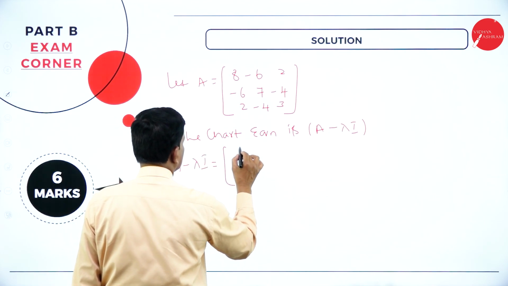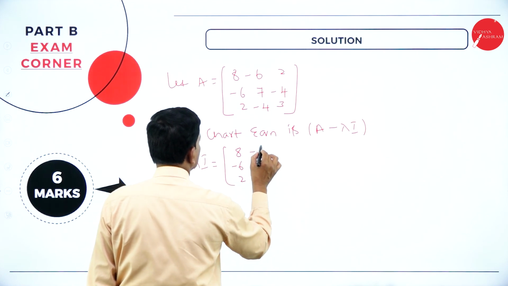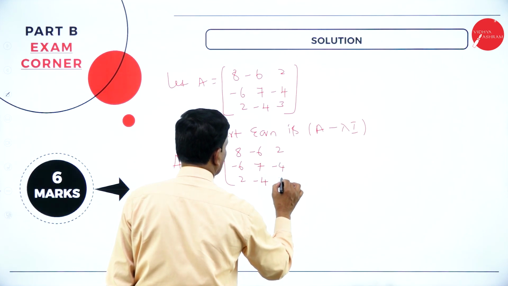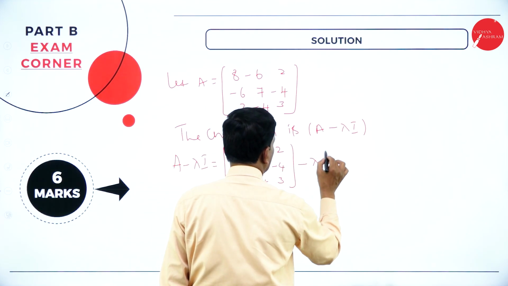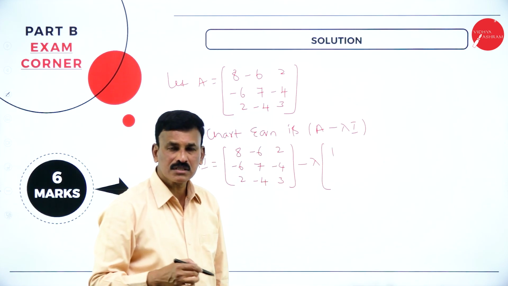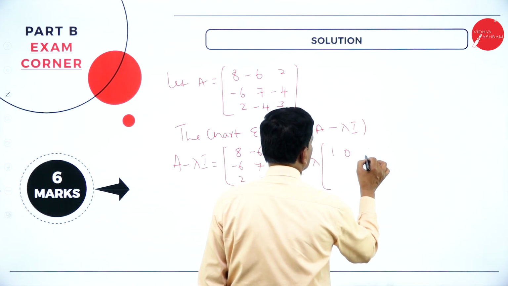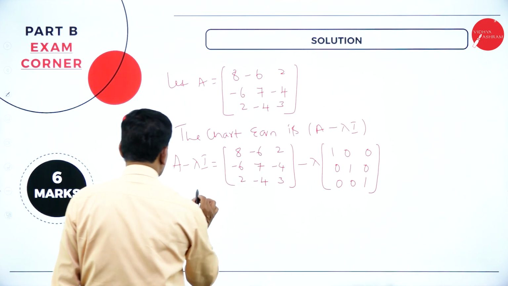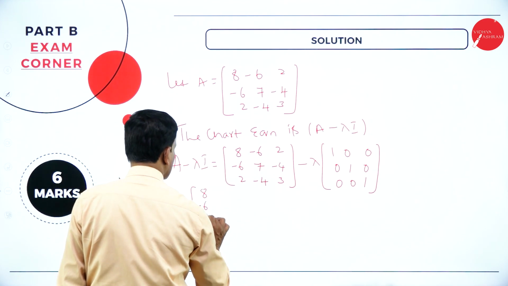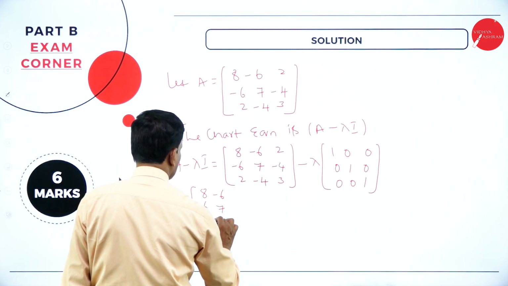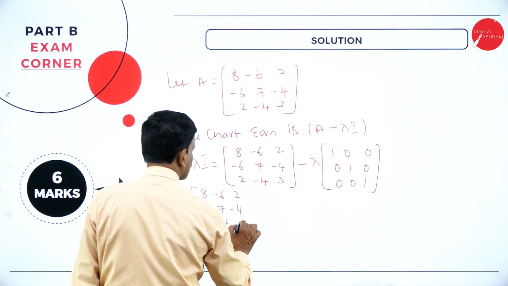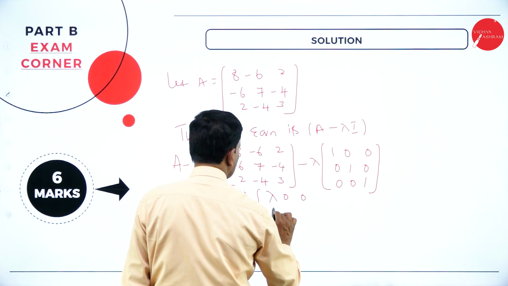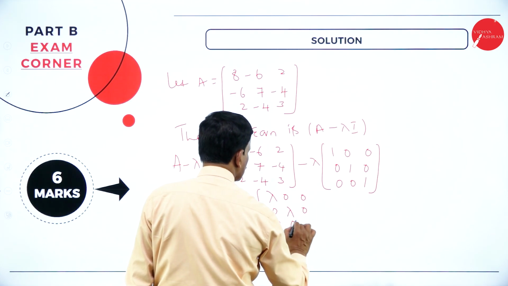A is the given matrix [8, -6, 2; -6, 7, -4; 2, -4, 3], minus lambda into I, where I means the identity matrix of order 3 by 3, [1, 0, 0; 0, 1, 0; 0, 0, 1]. Multiplying by lambda gives lambda on the diagonal and 0 elsewhere.